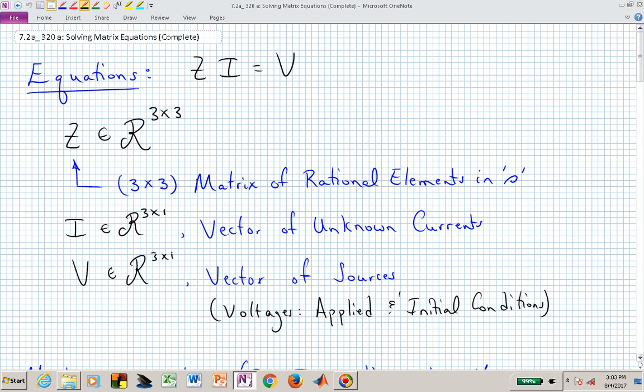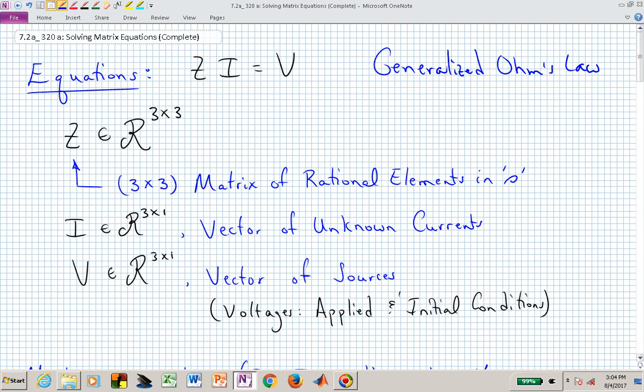Here are the equations. We have Z I equal V. That's just Ohm's law. V is equal to R I. R now has been generalized to an impedance. So this is a generalized Ohm's law. Z is made up of a matrix of rational elements in the complex frequency variable S. That means we have 9 elements sitting in Z since it's a 3 by 3 matrix.